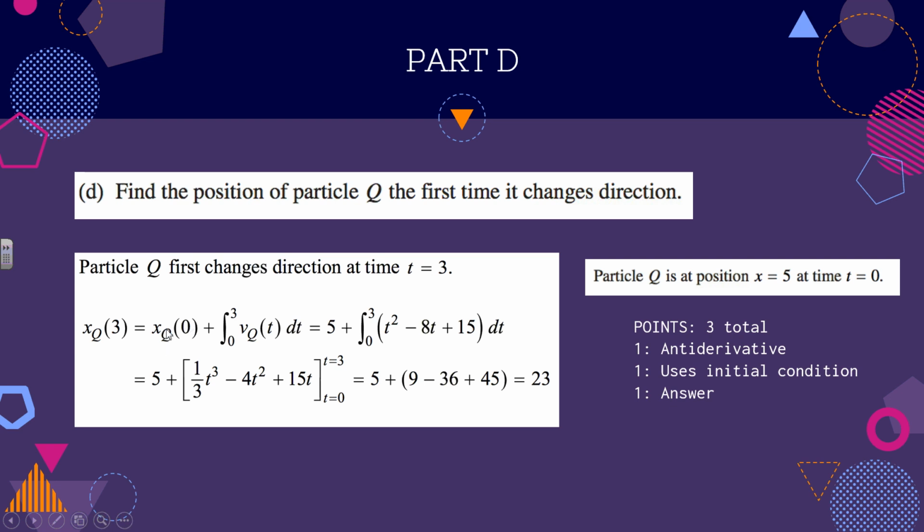They gave us this initial value in the directions. They said it was 5. And then here we're just going to do the antiderivative of the velocity. So that's this, and then plug in the bounds, and you get 23. You get 1 point for finding the antiderivative right here, 1 point for using the initial condition of 5, and 1 point for this answer.